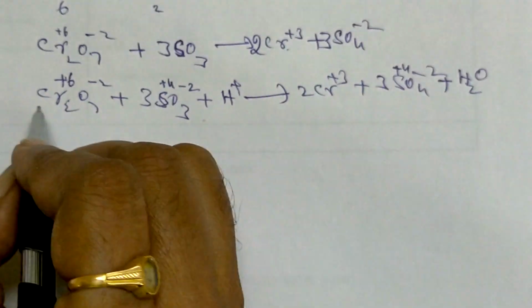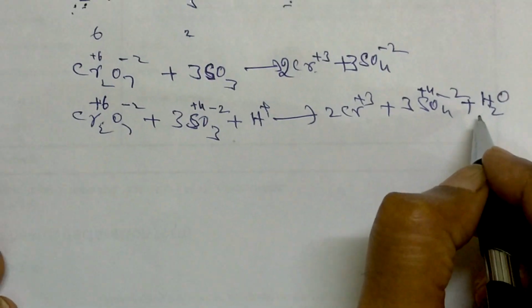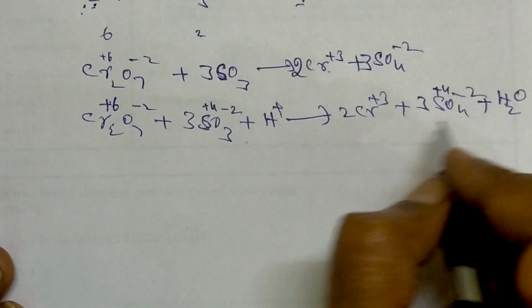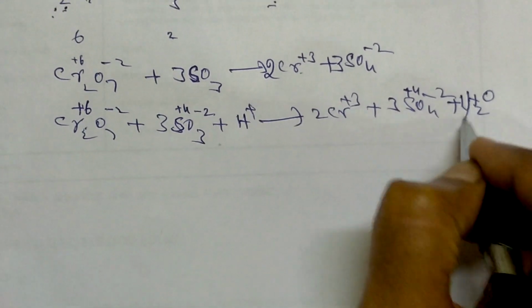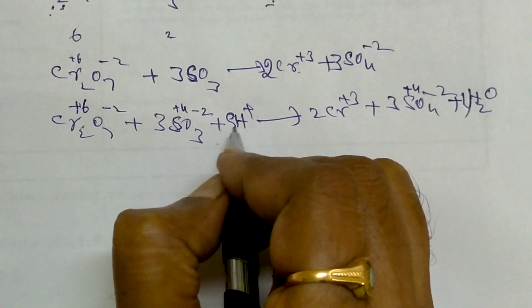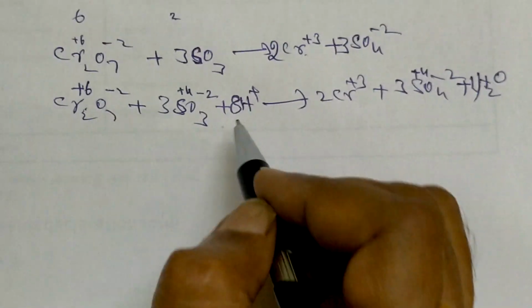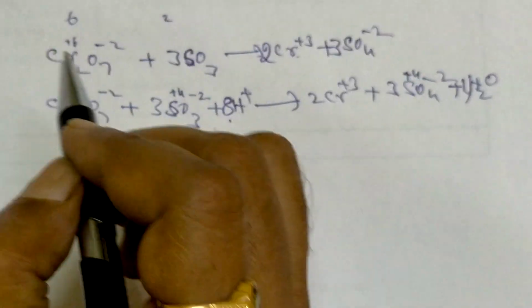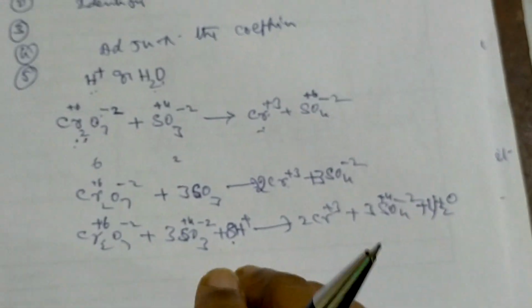So now how much is the requirement? 4 oxygens are less, so 4 times 2 is 8 H plus. I think it is balanced now, because the H plus is added in the fifth step as an acidic medium. So, slightly difficult.